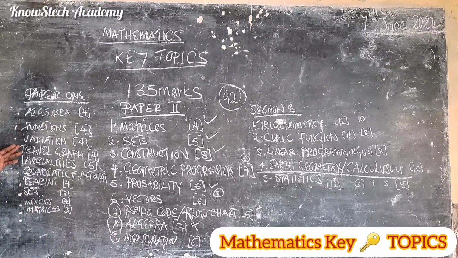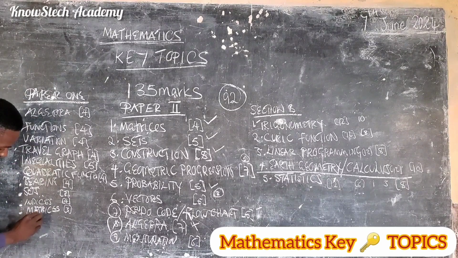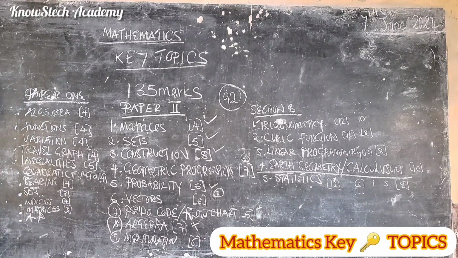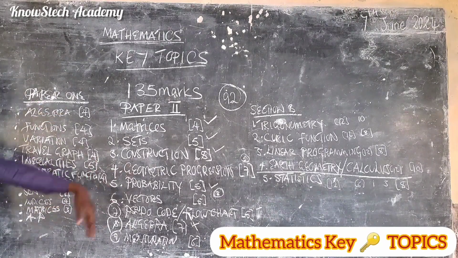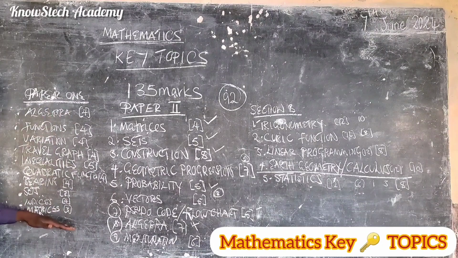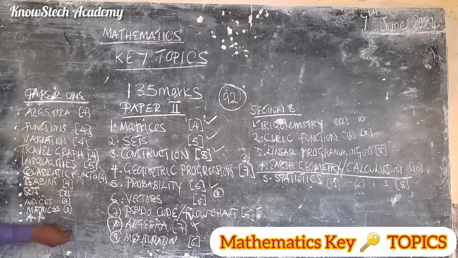Arithmetic progression, AP. Arithmetic progression. Someone GP is simple. Add this quickly.